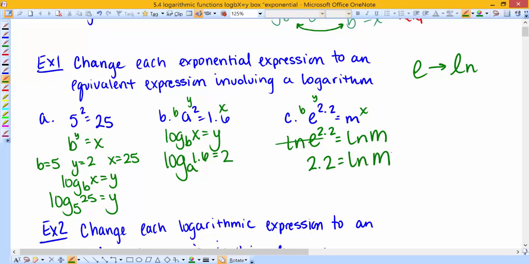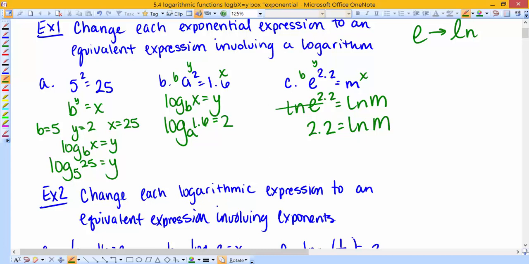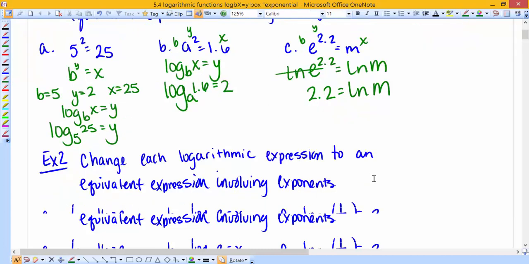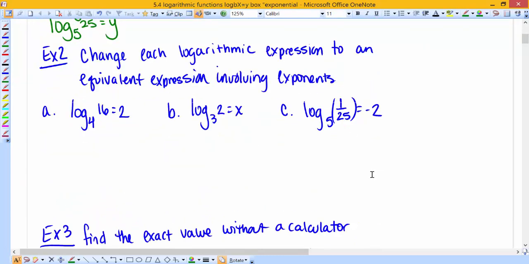So I'm not in exponential form anymore, and I've written this as a log. So this is the way that I would like to see you do this, starting to get that understanding that e and ln, the natural log, go together, and that they undo each other because they are inverses. Just like logarithmic functions and exponential functions are inverses, which we will be seeing as we continue through this section.